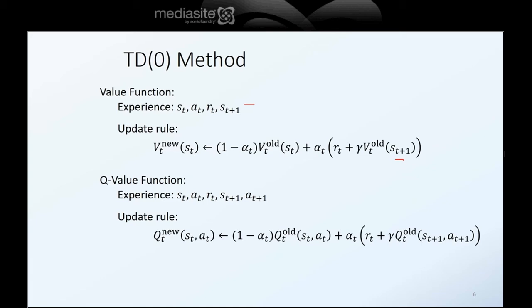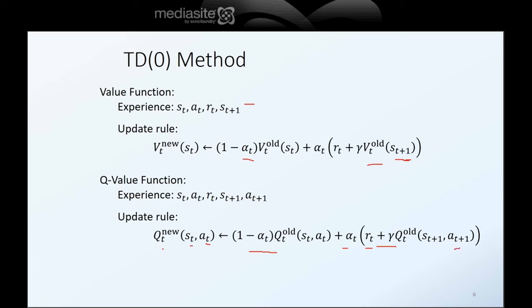So Q_t new of S_t, A_t, now because we took action A_t, is 1 minus alpha_t times the old value, just like here, plus alpha times the reward plus gamma times. Now here I had V_t old. I didn't have any action specified here, but now the action needs to be specified.